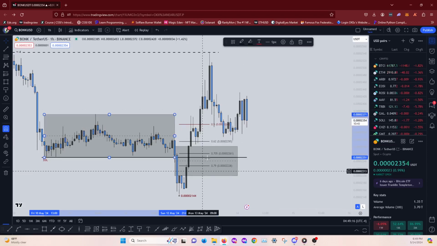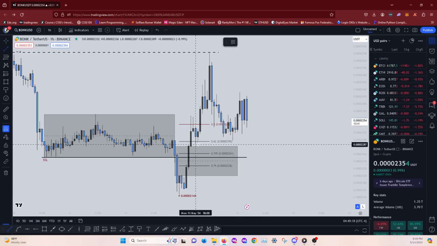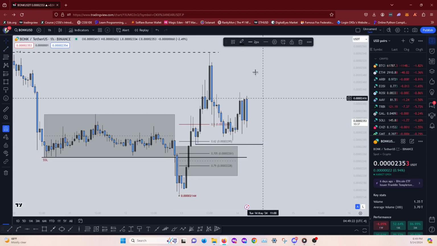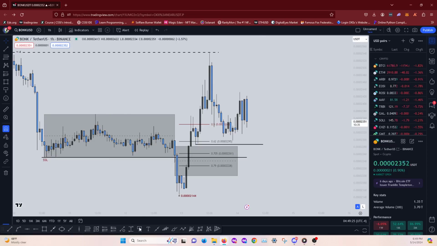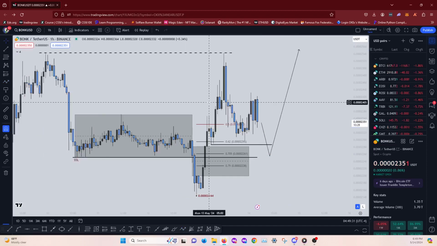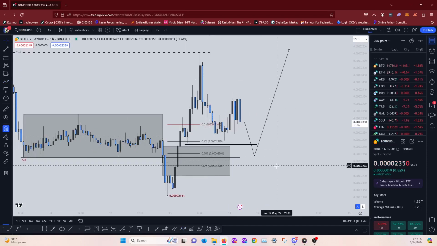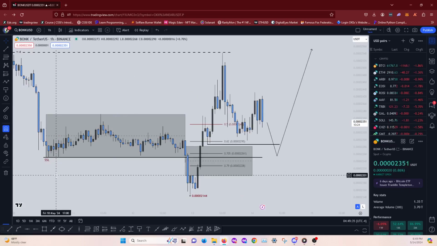We could see a sell side sweep. So what would be the sell side? This would be the sell side. We could see the sell side sweep into discount, tap into the fair value gap, hit optimal trade entry, continuation, target the highs. So that's definitely a valid setup as well.